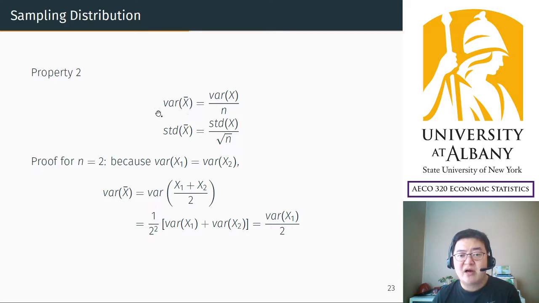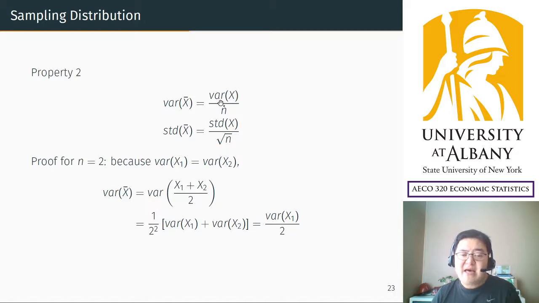Which automatically implies, if you take the square root on both sides, that the standard deviation of the average is the original standard deviation divided by the square root of the sample size. So if you accept the first one, by taking the square root on both sides, you obtain the second one.